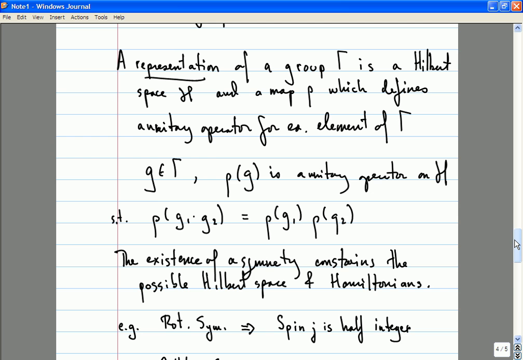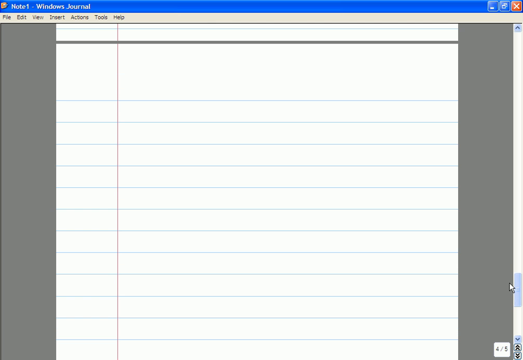Okay. Let me consider one of the simplest possible symmetries. I'm going to start by discussing discrete symmetries rather than continuous symmetries. So the simplest possible symmetry is parity symmetry.